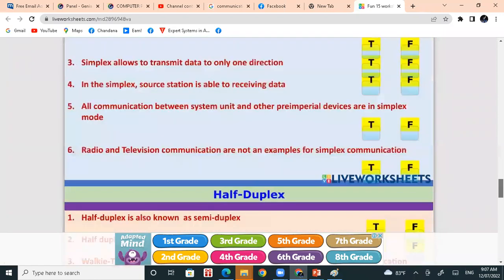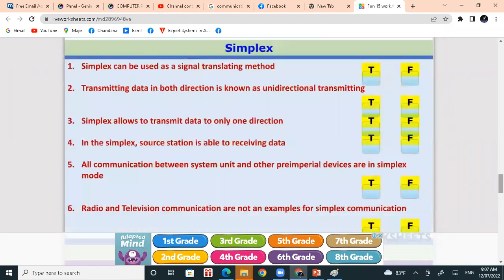For the simplex method, they are having some statements to mark true or false. Simplex can be used as a signal translating method. True or false? What's the answer for that?